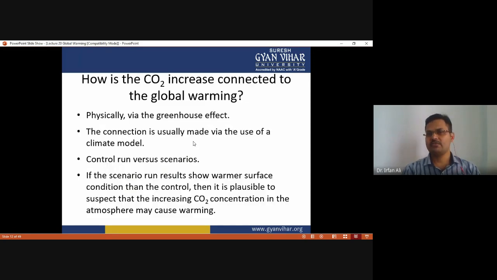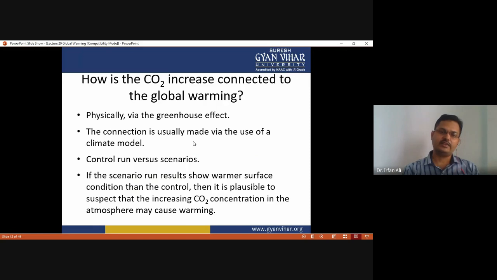And how is the carbon dioxide increase connected to global warming? Physically, through the greenhouse effect, carbon dioxide contributes to the rising temperature of the globe, and the connection is usually made via the use of a climate model, with control run versus scenarios to be observed.